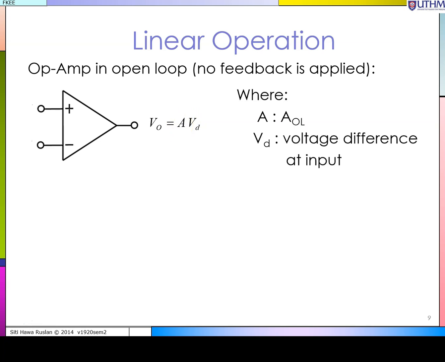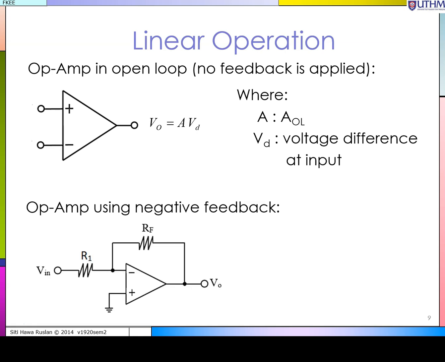Okay, and suppose that we use this op-amp in this configuration. In chapter 1, we have learned about the inverting amplifier. Vin is coming into the negative terminal. So using the inverting amplifier, you can write your VO equals minus RF over R1 multiplied with Vin.